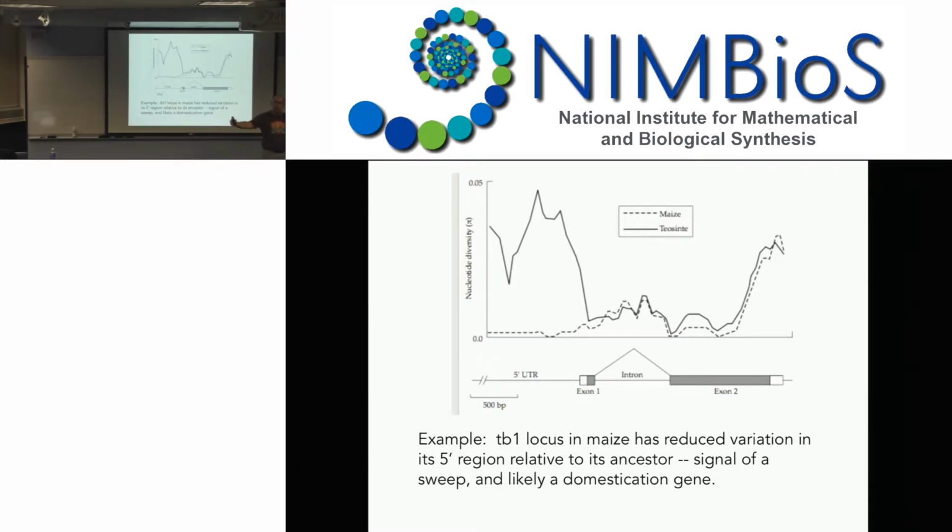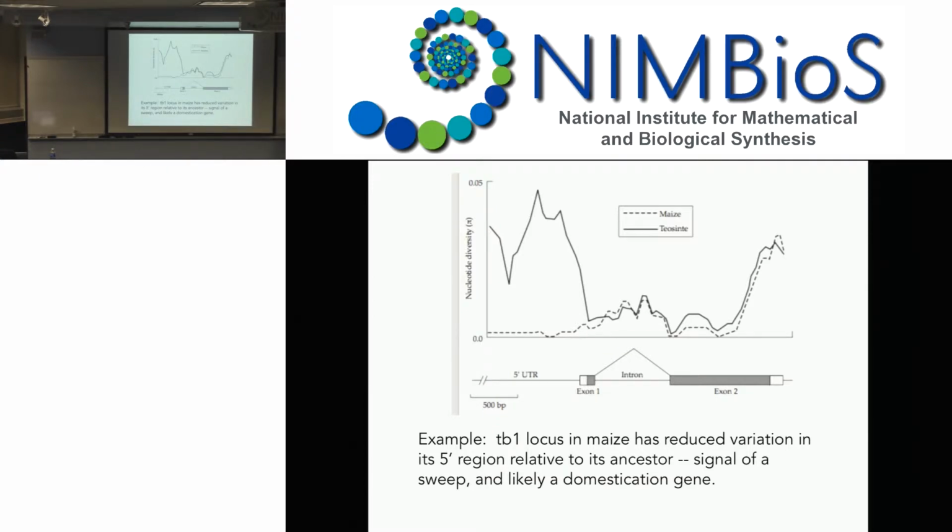I've got this big teosinte population. I pull out a sample to make modern maize. That's a bottleneck. So if you look across the maize genome, a typical gene in maize shows less diversity than that same gene in teosinte. So this by itself is not much of a signal. That, though, is an enormous signal. You have lots of variation in teosinte, and you've got no variation in maize.